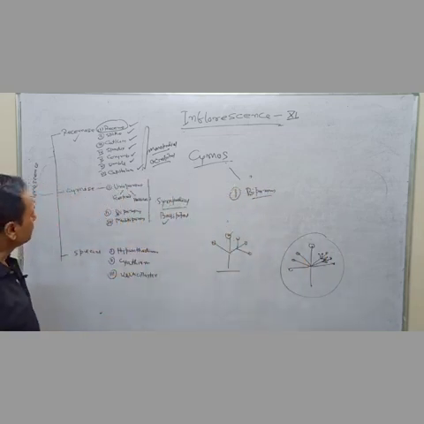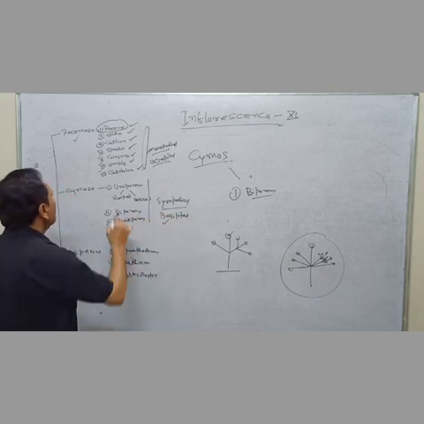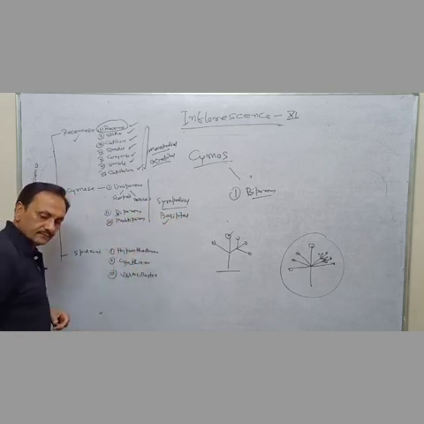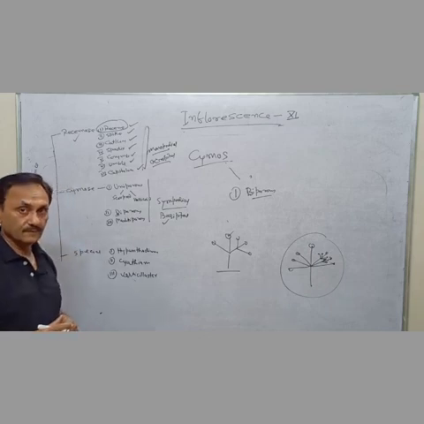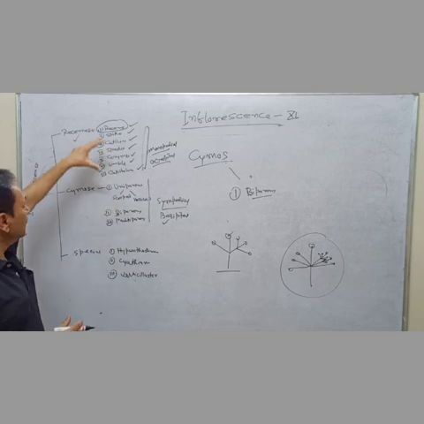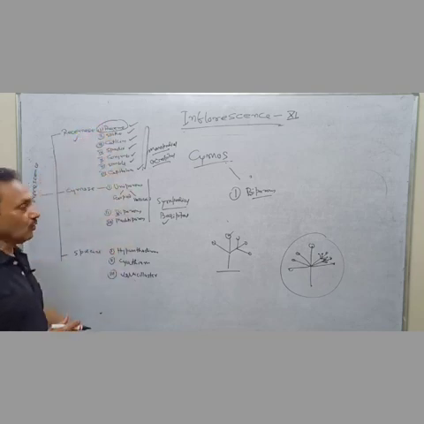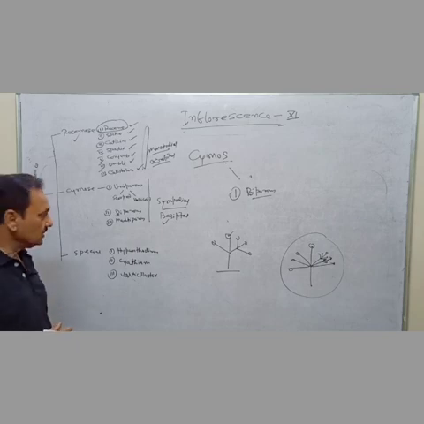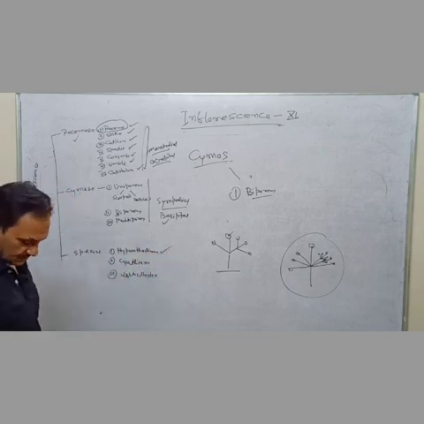These are the certain types: biparous, multiparous. This is the cymose. Now, with the help of the certain figure, we will discuss the structure of all the inflorescences and the special types of inflorescence.